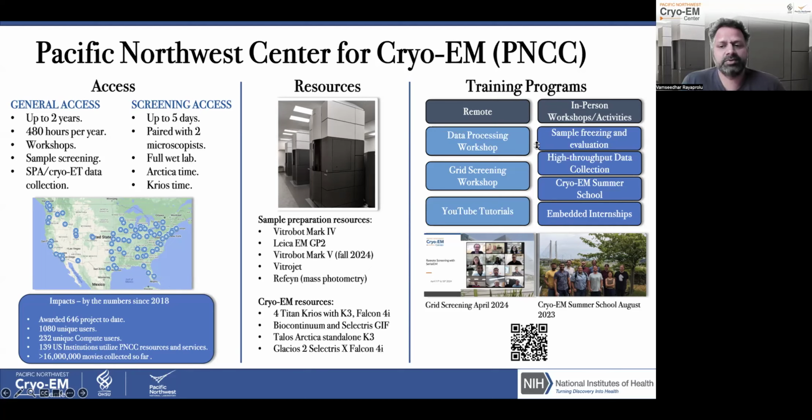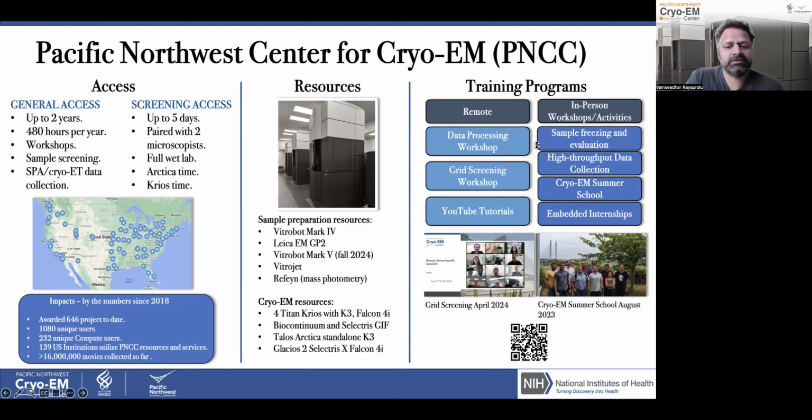Approved general access proposals are also eligible for our training workshops, which cover topics from sample preparation all the way to data processing. Approved proposals are also assigned a scientific point of contact, or SPOC. I am a SPOC, who can assist with questions about sample optimization, data collection strategies, and so on. Our center has a newly installed Glacios 2 and 4 Krioses. 3 out of our 4 Krioses have K3 cameras with BioContinuum HD energy filters.